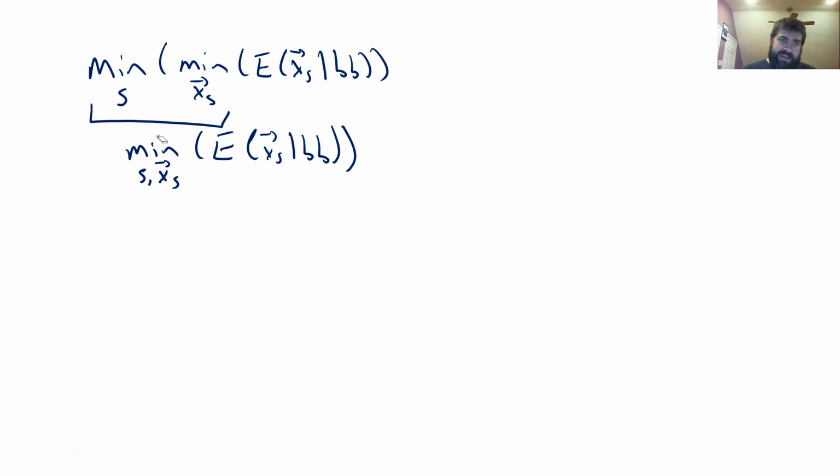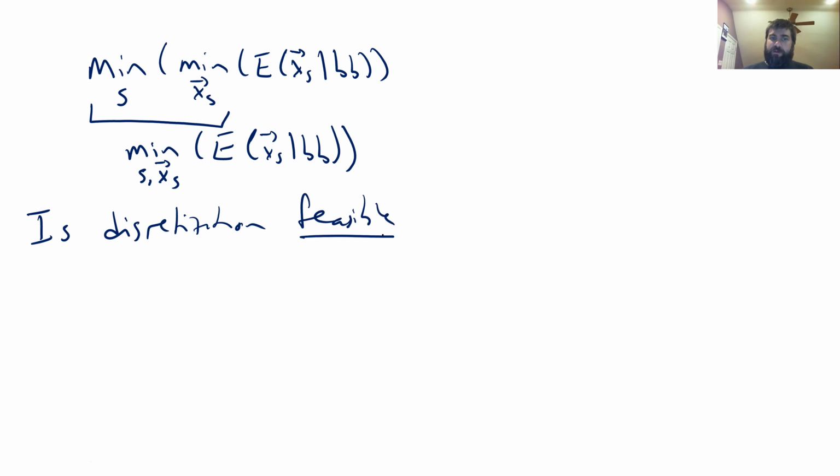Now let's think about what this discretization requires, and whether it's going to give us something feasible or not. So discretization is possible. Is discretization feasible? That is, does it make sense? Now, the question here is going to come down to how many individual discrete states we end up with.